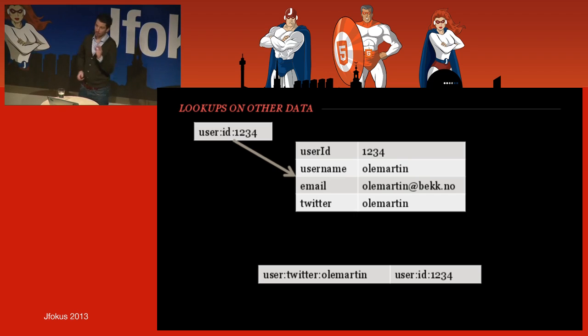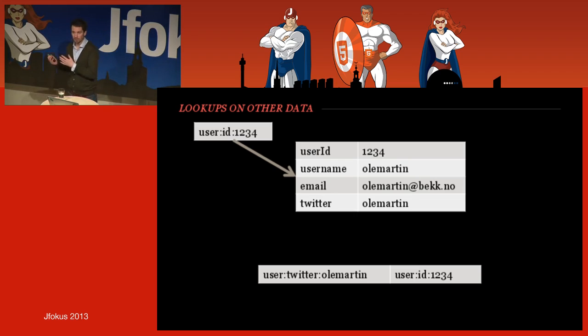And if you have a good key structure, you can achieve a lot. Retrieving data based on other than the key is generally hard in a key-value store. Let's say you want to retrieve this data based on the Twitter handle. You don't know the user ID 1234.